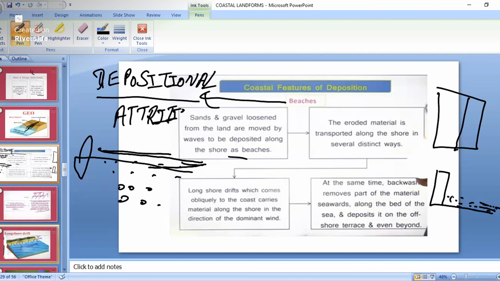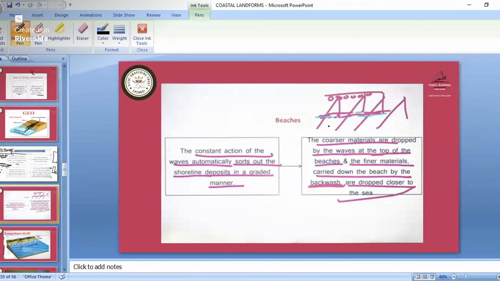So it becomes raised above the sea level. When it is above sea level, that particular part is known as the wave cut terrace. That looks like a terrace. So remember, that is a wave cut terrace. So this is about the beaches, where it is getting deposited, and that is a beach.